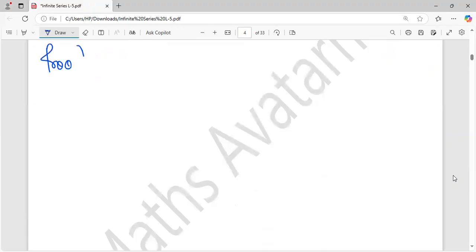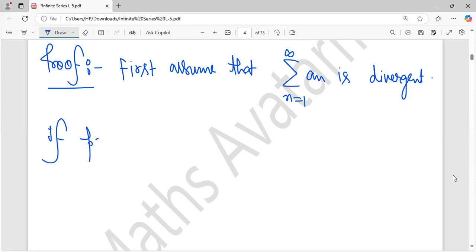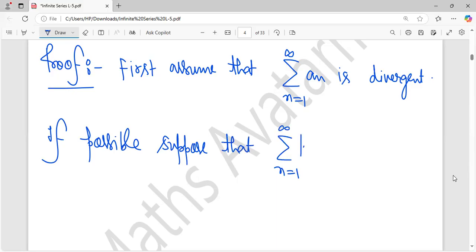Proof. First, assume that this series summation n goes from 1 to infinity a n is divergent. Now, we will prove by contradiction. If possible, suppose that this series summation n goes from 1 to infinity k times a n is convergent.